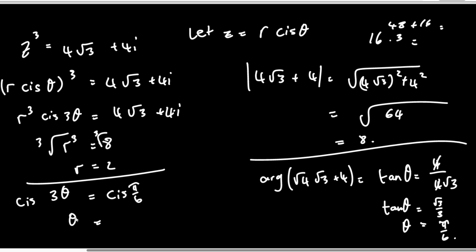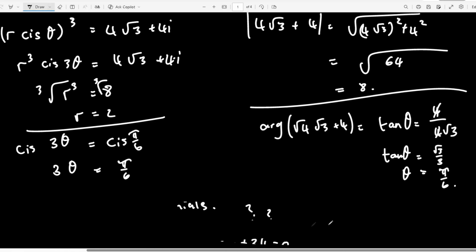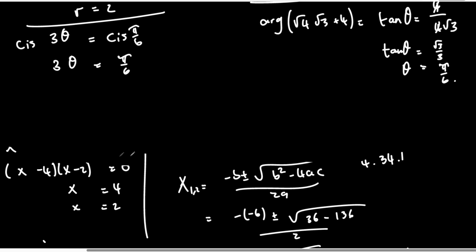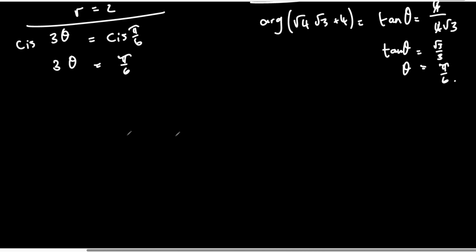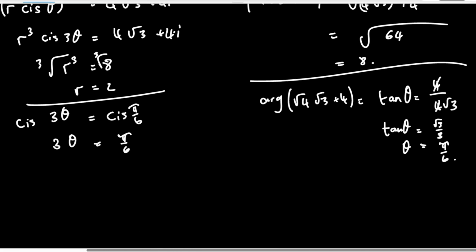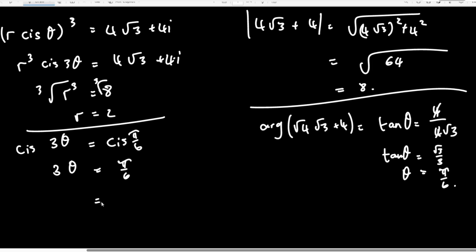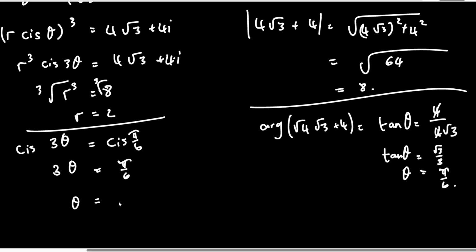So 3 theta is pi over 6, and then we can see that theta is going to be pi over 18 if I just divide both sides by 3.